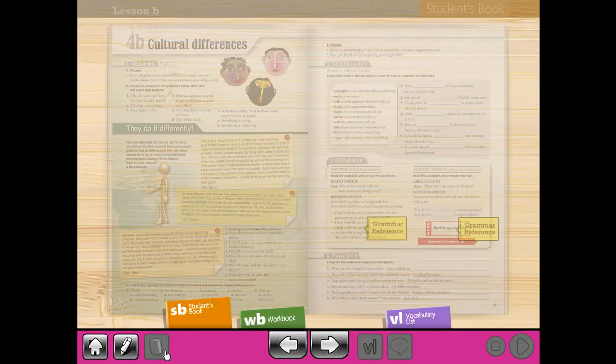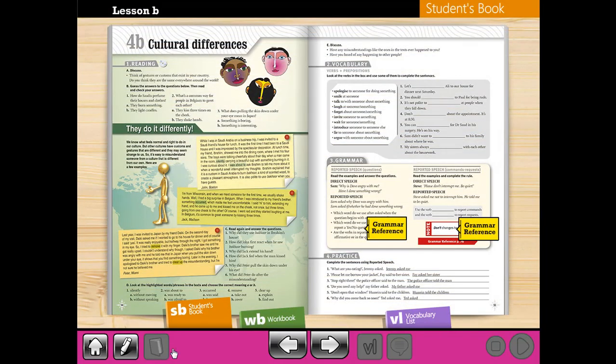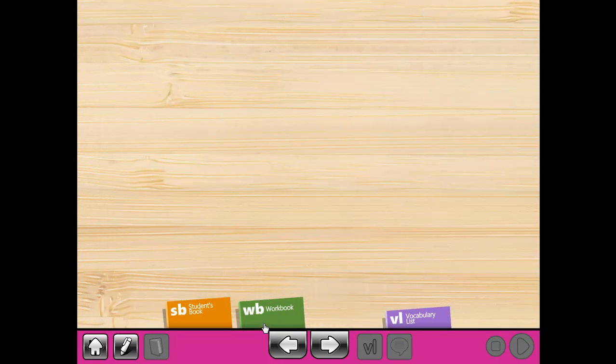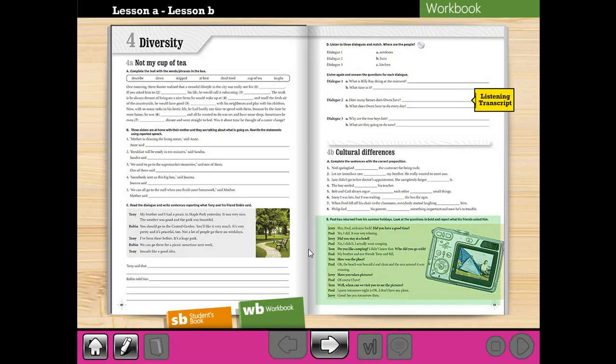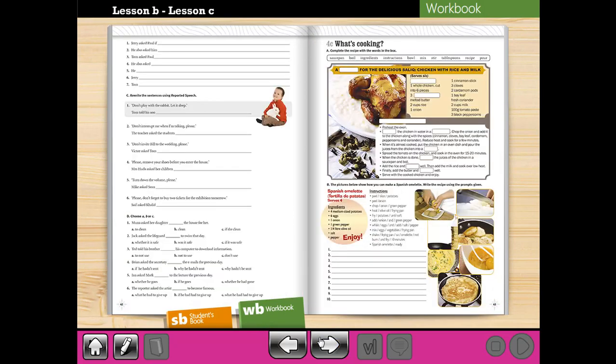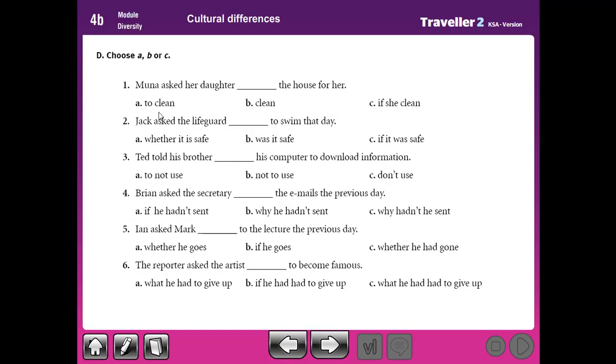Now to the workbook. We have here on the workbook on page 42, right? Yeah, this exercise. Mona asked her daughter the house for her. Which one is correct here? To clean, clean, if she clean? Can we use this one?